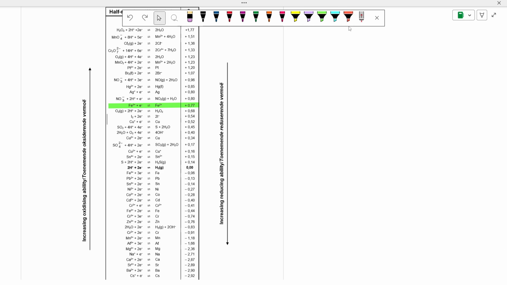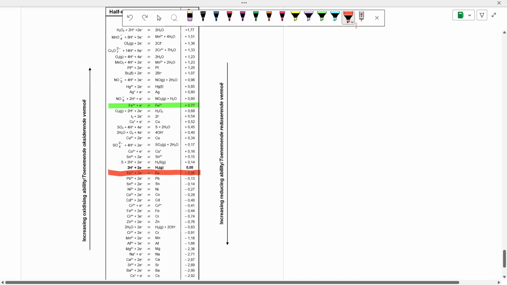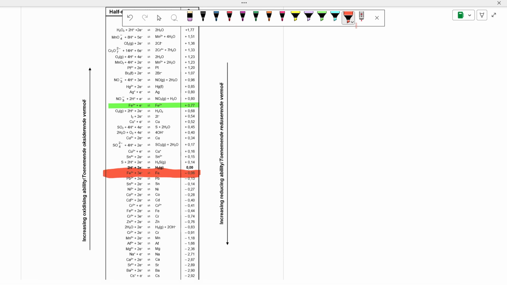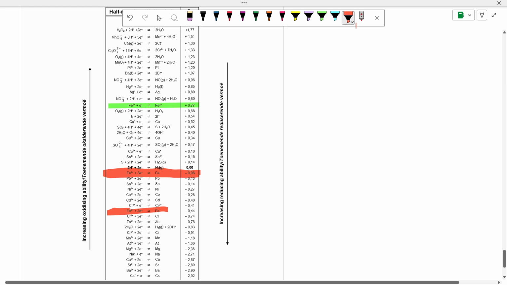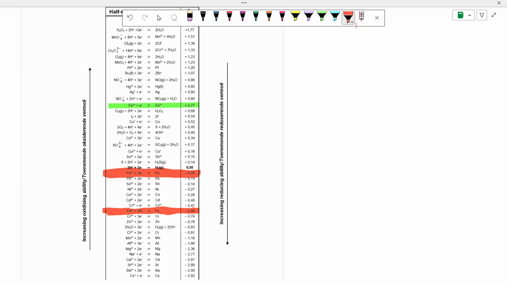Do note that there are definitely some more Fe reactions. The one I'm highlighting in red right now is also on Fe. The one I'm highlighting again in red is also on Fe. So there's a couple of them. Maybe it's not only these three.